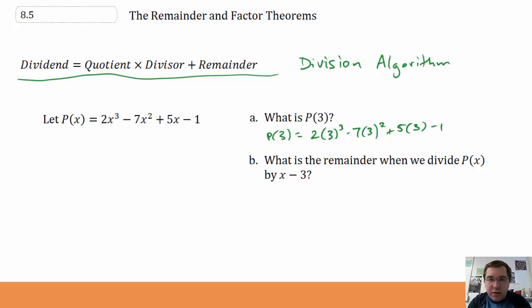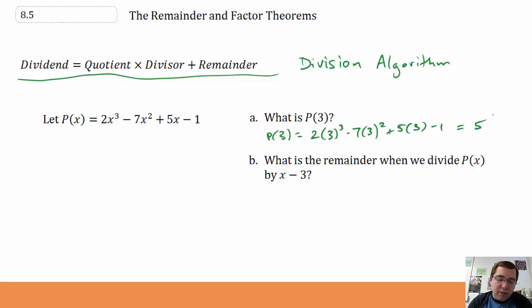And we can just work that out. 3 cubed is 3 times 3 times 3, which is 27, times 2 is 54, minus 9 times 7, which is 63, plus 15 minus 1. If you work it out, it's 5. Okay, p of 3 is 5. 54 minus 63 plus 15 minus 1.